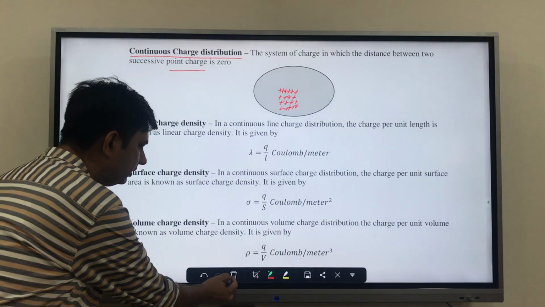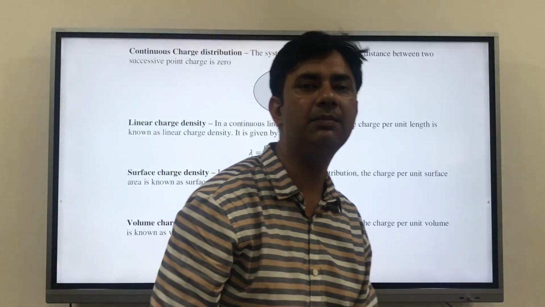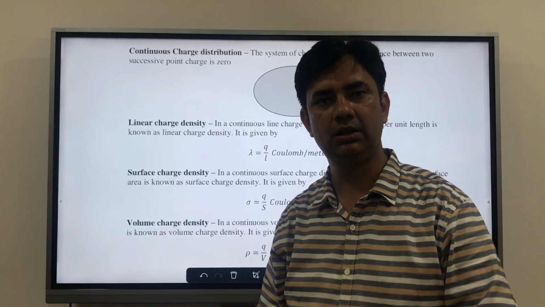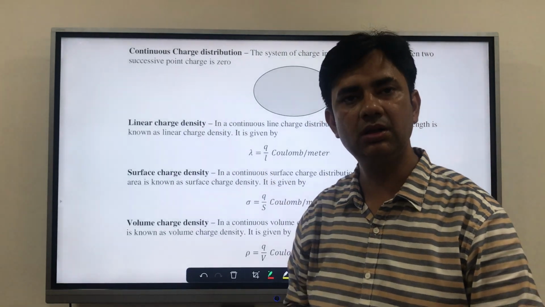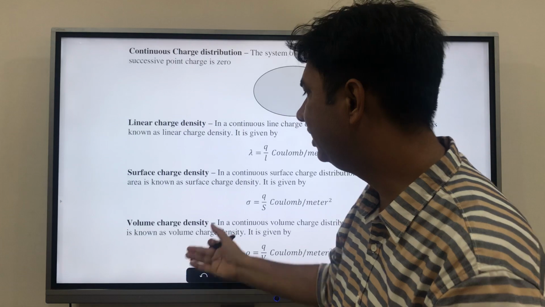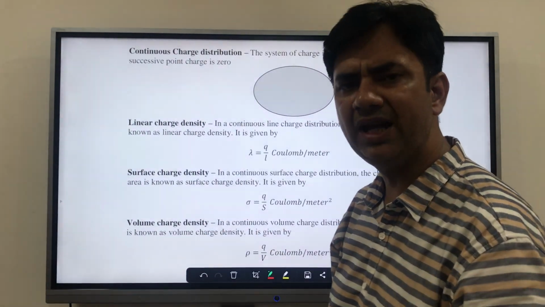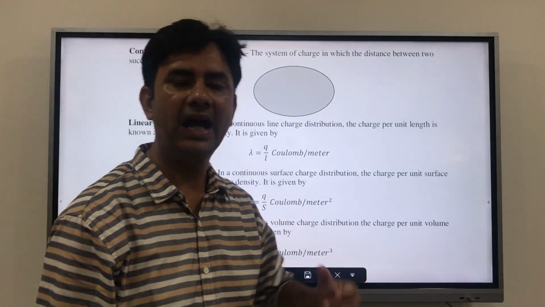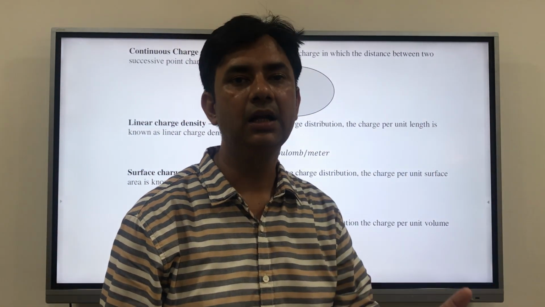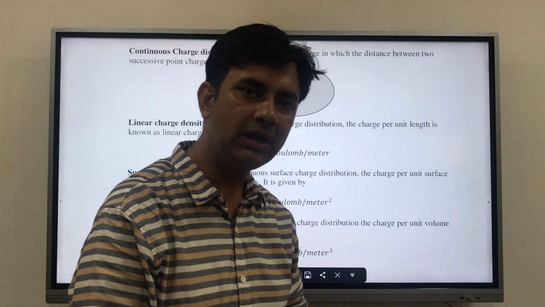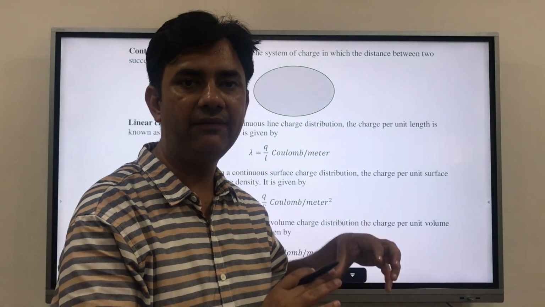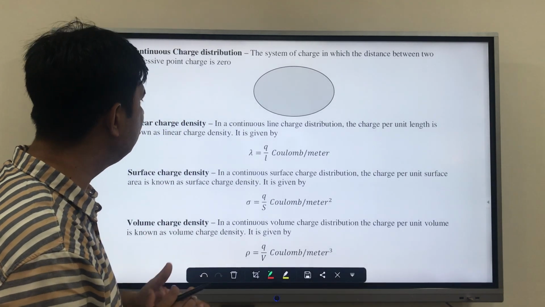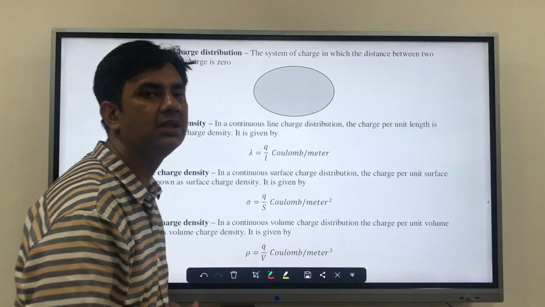Continuous charge distribution can be defined in three ways: first, linear charge distribution; second, surface charge distribution; and third, volume charge distribution. We have heard about them in 12th class, and I'll take them one by one, and you will understand why we use them and recall where we have used them. The first one is linear charge distribution.